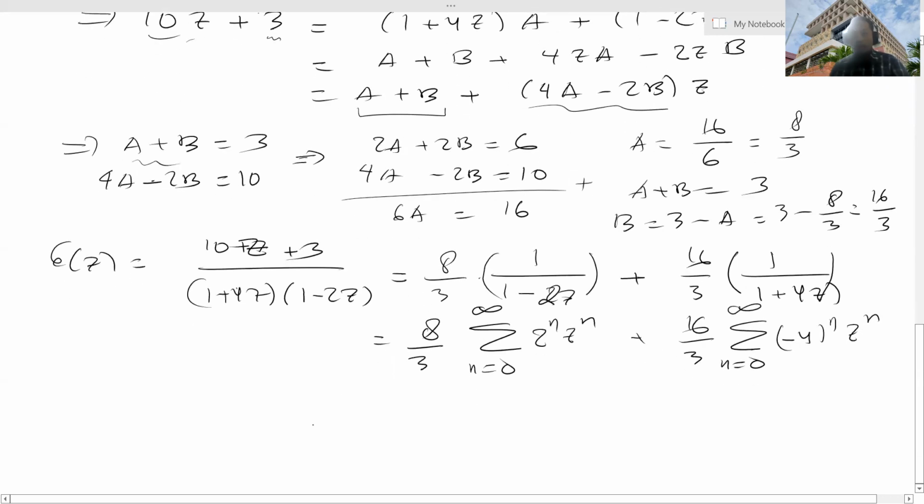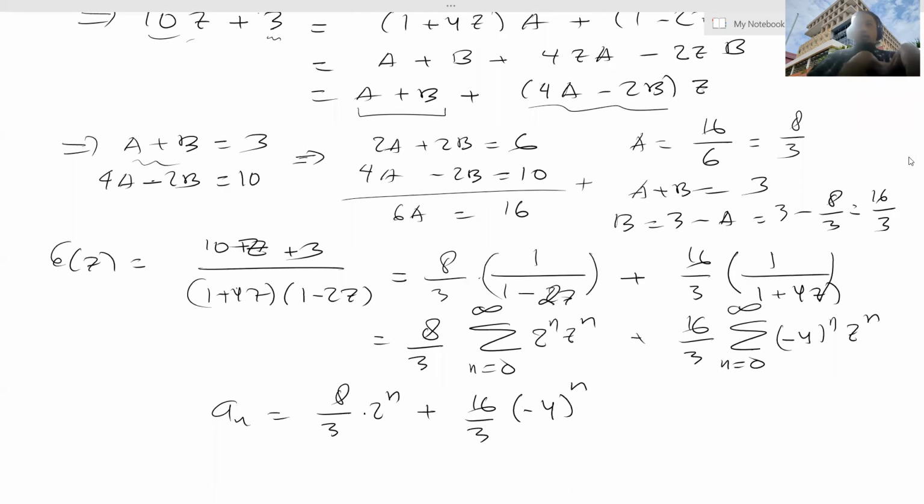So this gives us a_n is 8 over 3 times 2 to the power of n plus 16 over 3 times (-4) to the power of n. This could be simplified further, in fact. So that's how we solve that. Now, what about the next question?